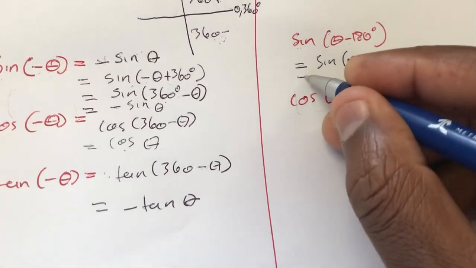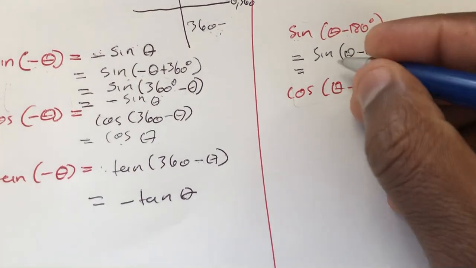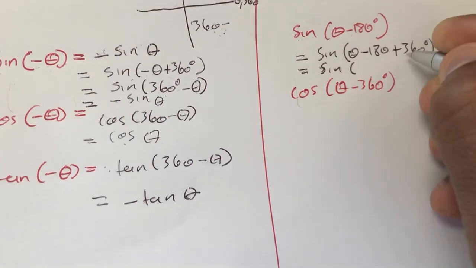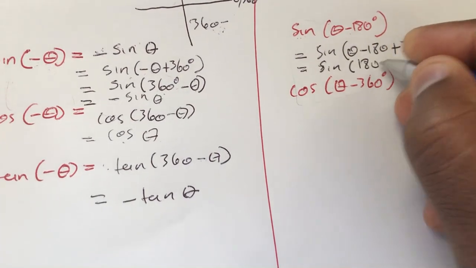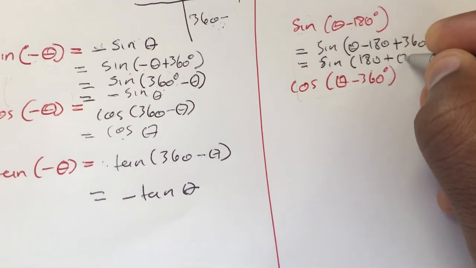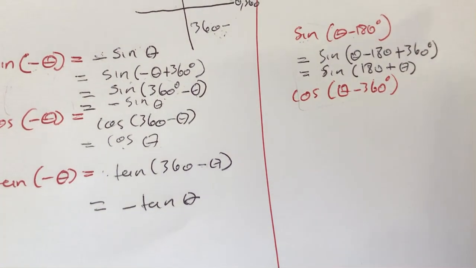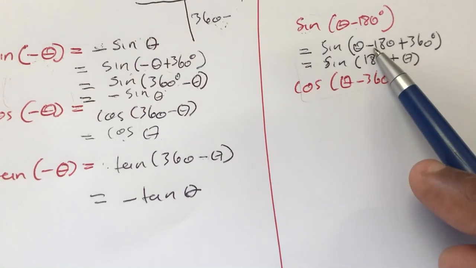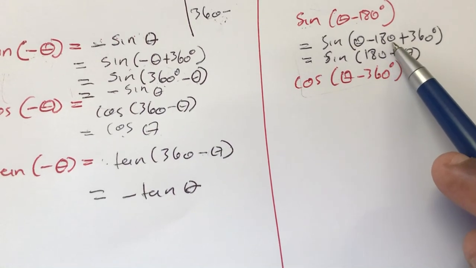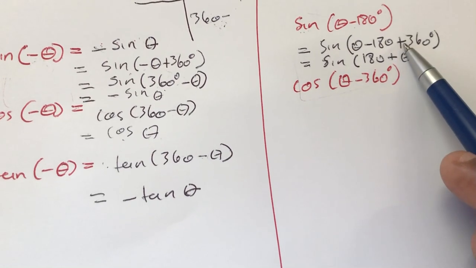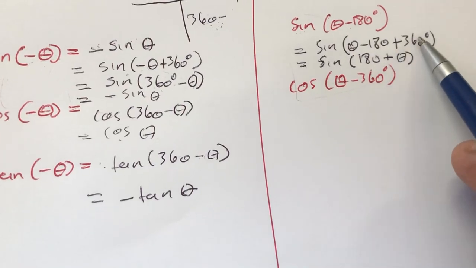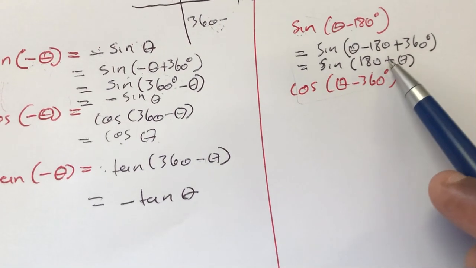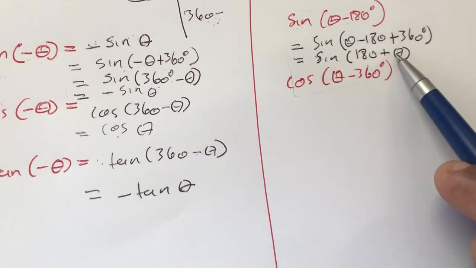Okay, so whenever you add 360 degrees, you're going to have the sin of 180 plus theta, because negative 180 plus 360 gives you positive 180 plus theta.